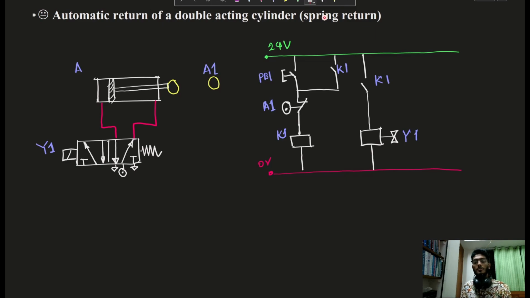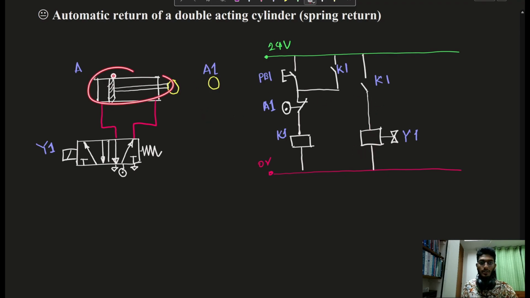So let me quickly tell you what is about to happen. When I close this PB1, then this K1 will get closed, and a signal will get latched through here. So this K1 relay will still be energized after I release this PB1 push button. So there will always be a connection.